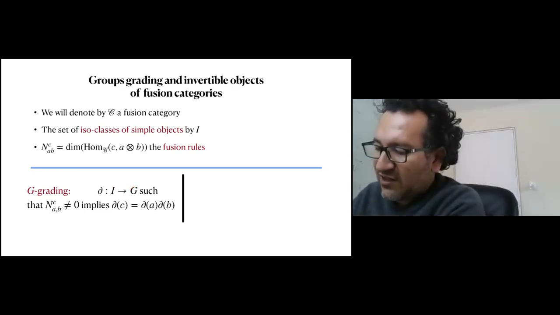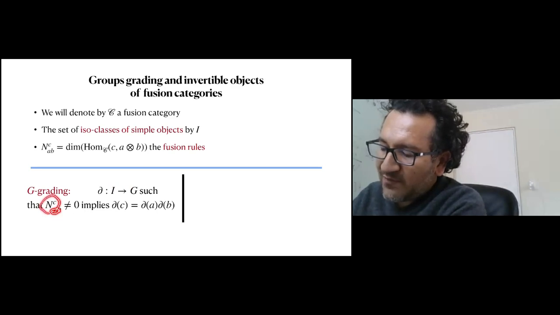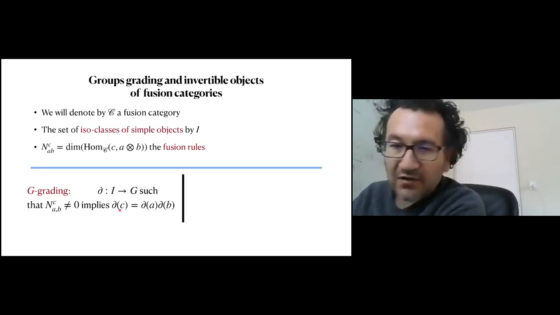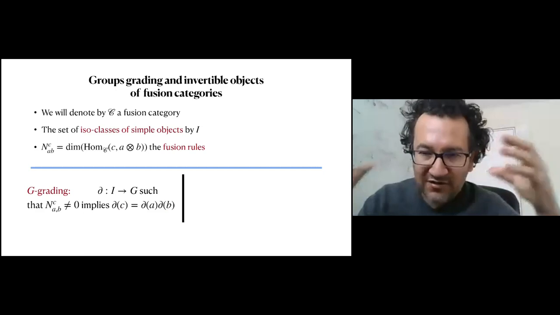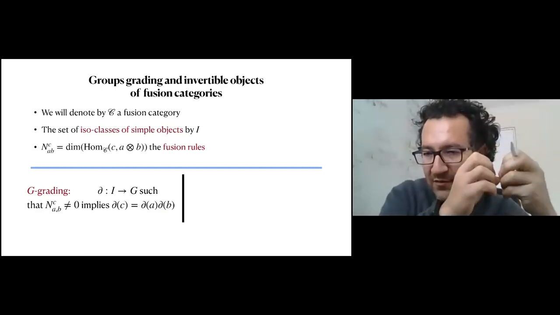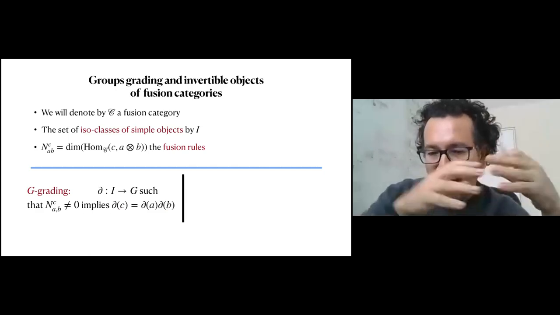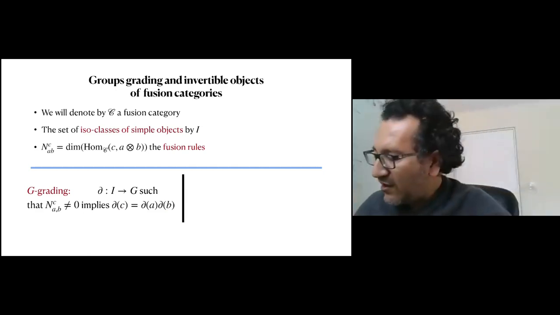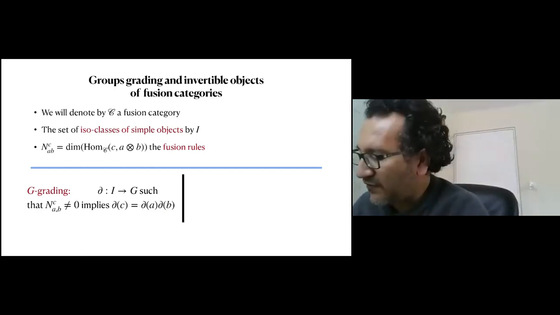In other words, if you have two simple objects, A and B, and you fuse them, and some component C appears with some multiplicity, then the grading of A times the grading of B must be the same as the grading of C. We are just saying that if you fuse those two elements, graded over g and h, the components are inside the product of the group.